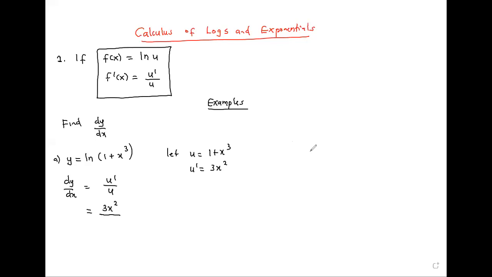Here, you let u to be 1 plus x to the power 3, and then differentiate it. You get 3x squared. Then dy dx is going to be u prime over u. But u prime is 3x squared, so you divide by u, which is 1 plus x to the power 3. This is the solution that we are looking for.